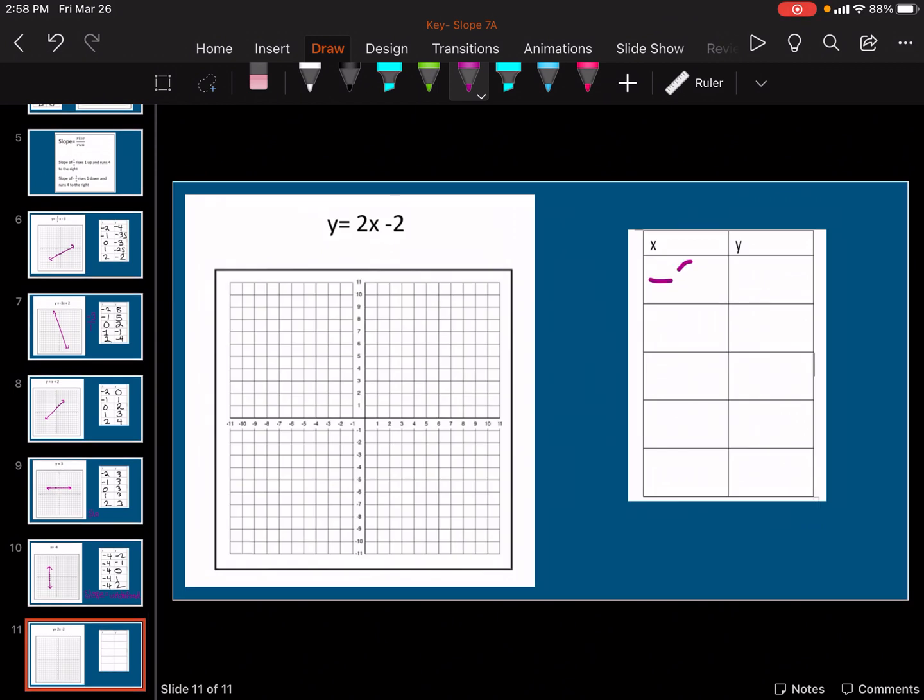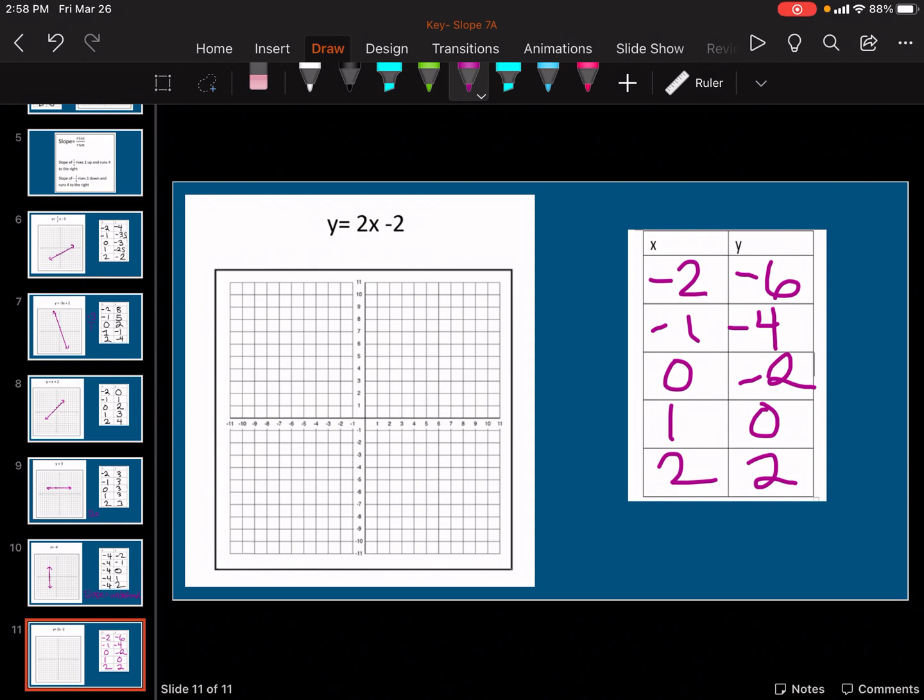Okay, here's one more. -2, -1, 0, 1, 2. It's going to be 0, -2. So -2 times 2 is -4 minus 2 is -6. 2 times -1 minus 2 is -4. 1 times 2 is 2, minus 2 is 0. 2 times 2 is 4, minus 2 is 2.